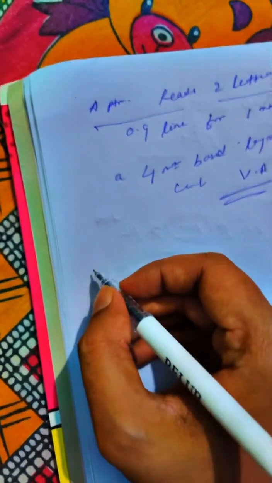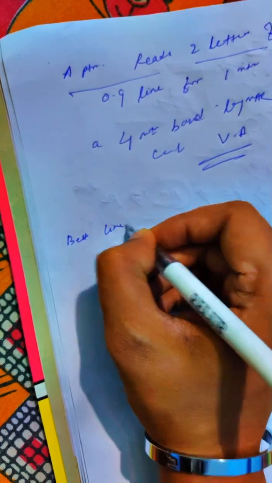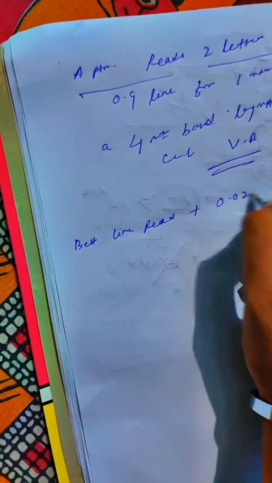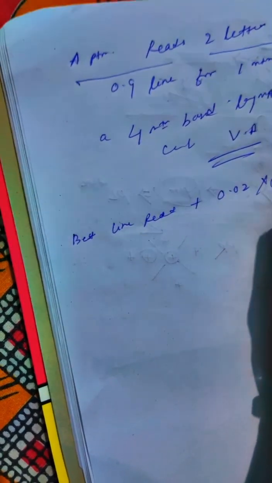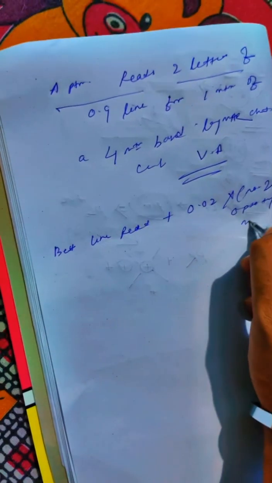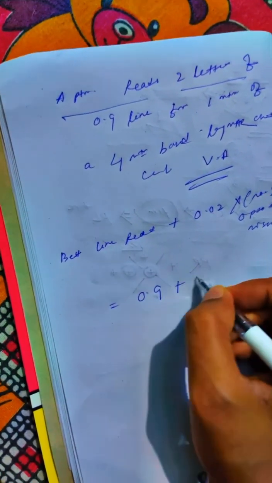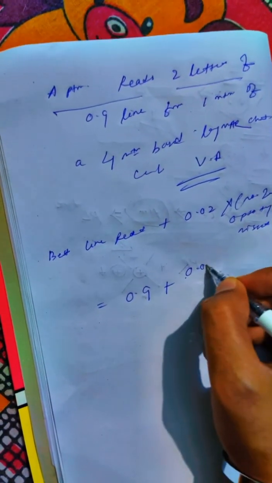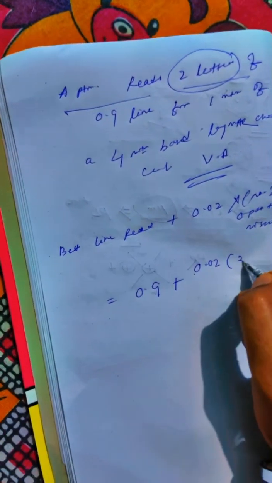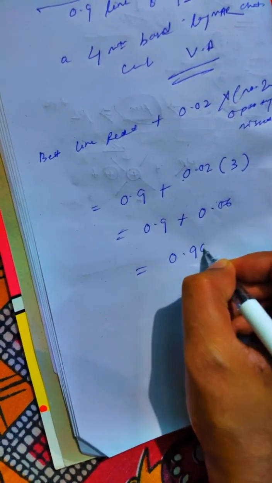So your formula is best line read plus 0.02 into number of optotype missed. So it will be 0.9 plus 0.02 times 3, because the person read only 2 letters, so 3 letters are missed. So you got the value of 0.96, correct?